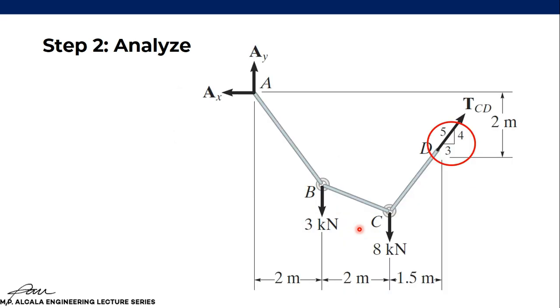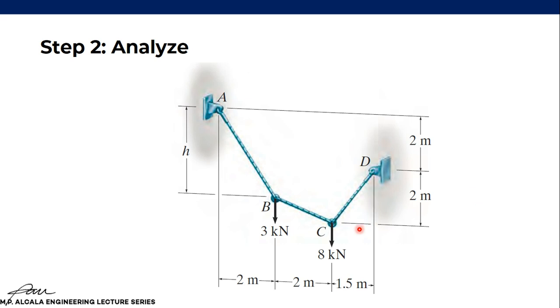Next. As we can see here, we have already visualized that tension CD will be directed along the special 3-4-5 right triangle, northeast, or 53.13 degrees.